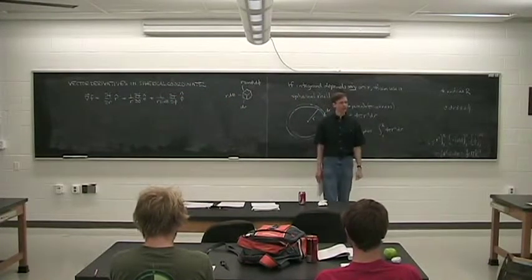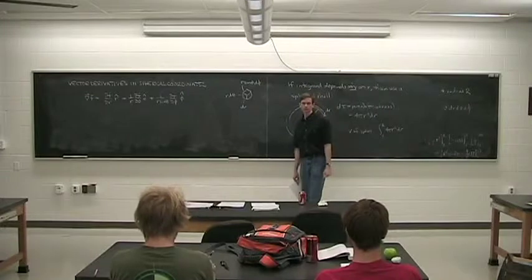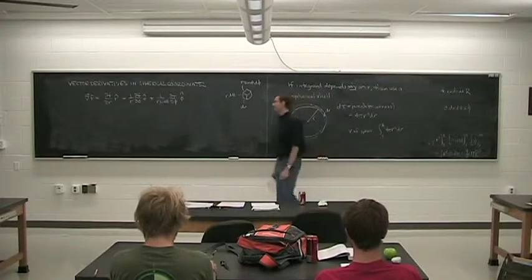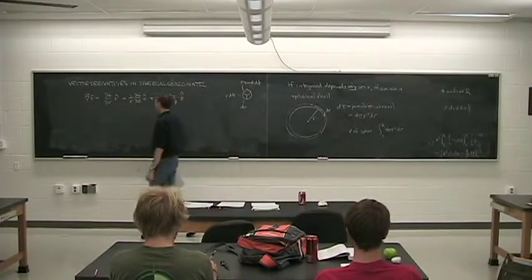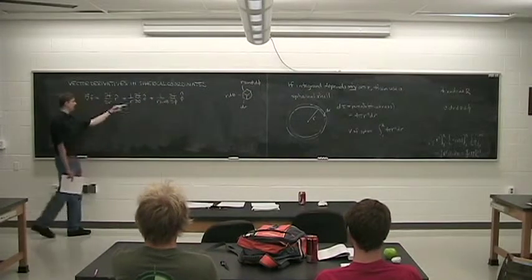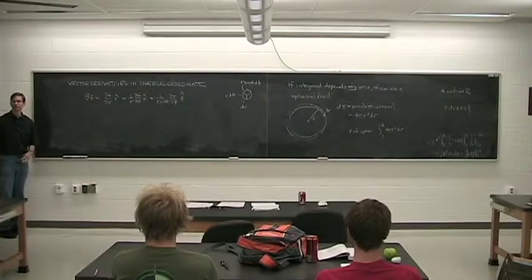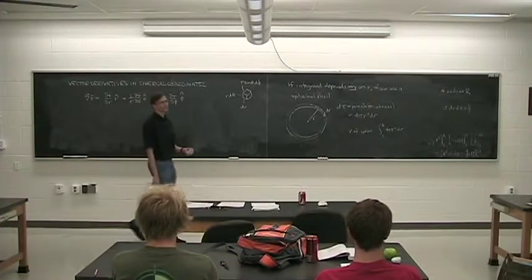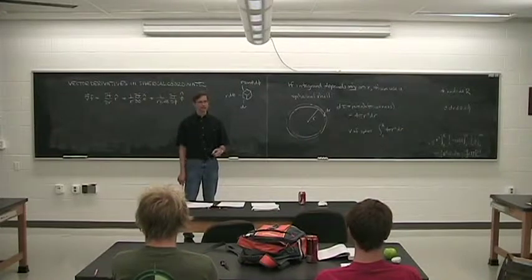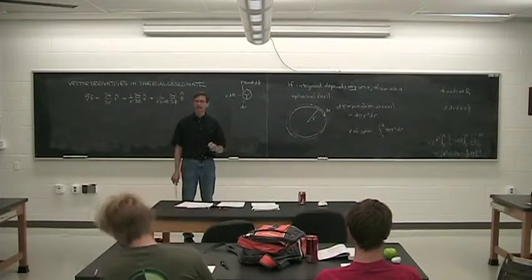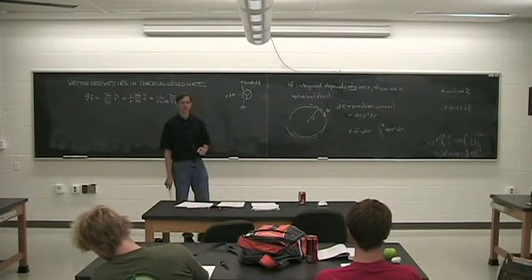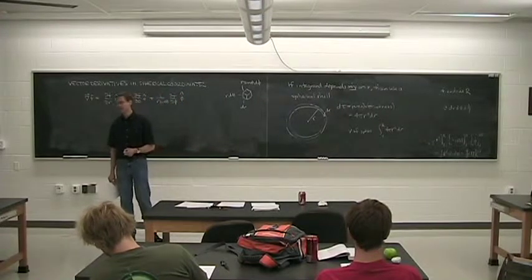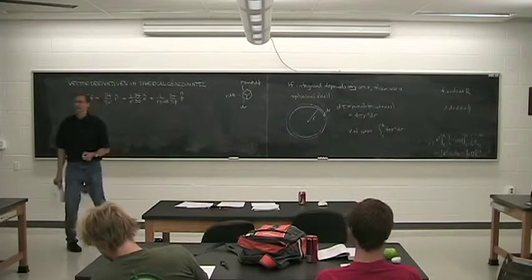Now, the gradient is easy to whip off without having to look at a table, because essentially all we're doing here is dividing by the line element for each component. So it's just like in Cartesian coordinates. To find the gradient, you find the change in f over the change in the x direction, x hat, plus the change in f over the change in the y direction, y hat, plus the change in f over the change in the z direction, z hat.